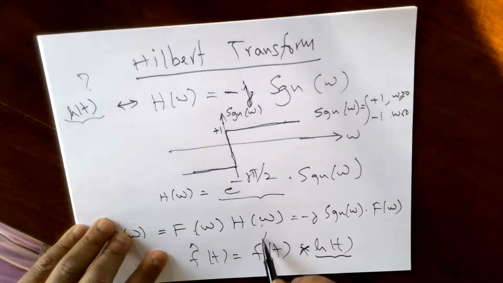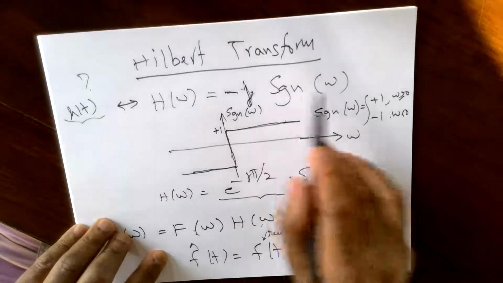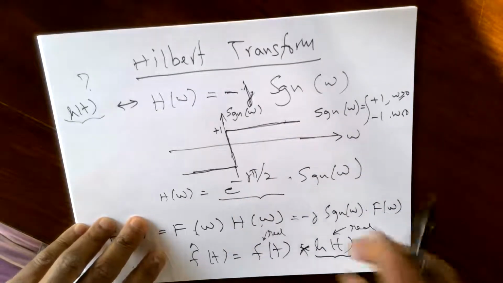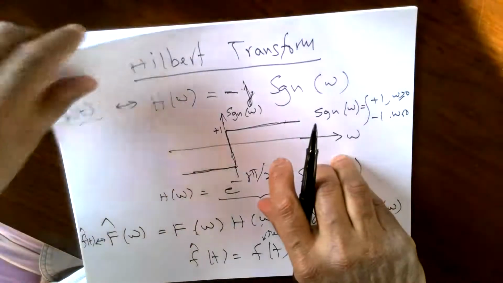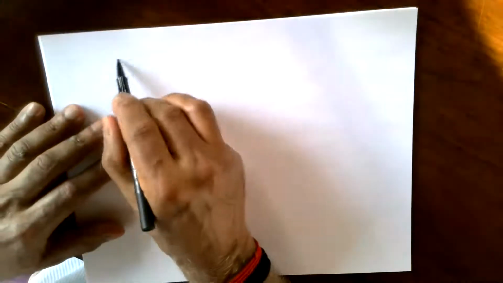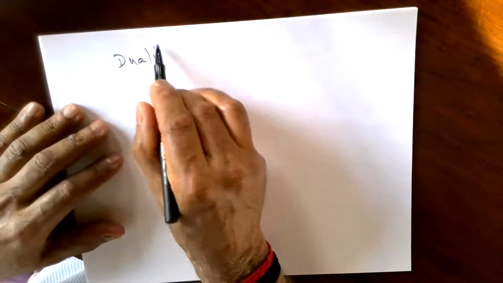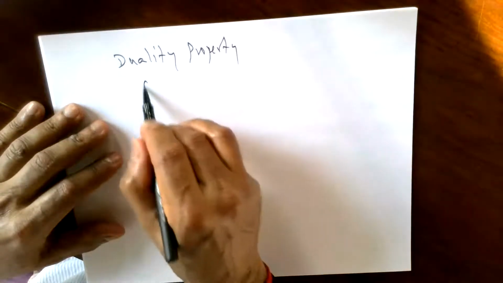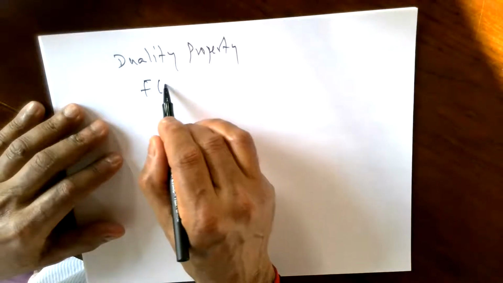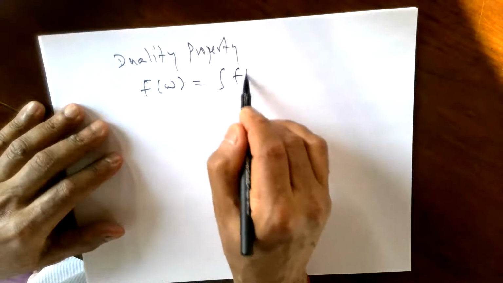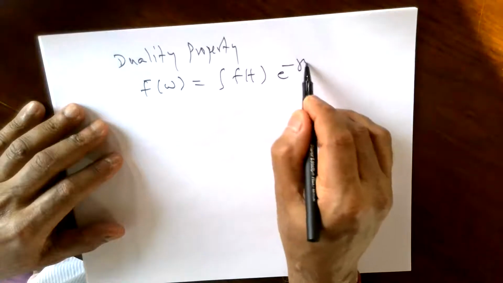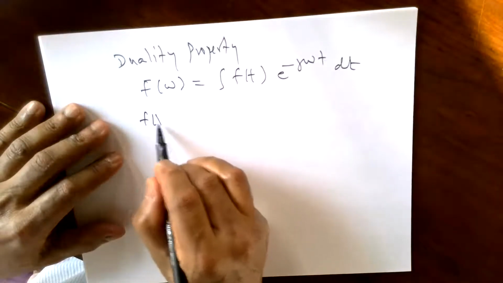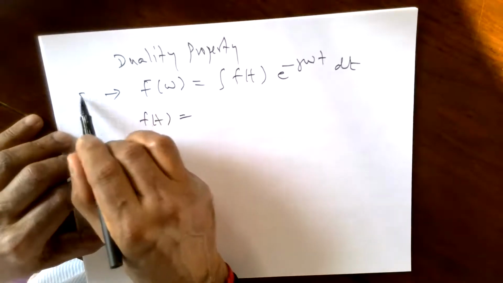Now remember, f(t) is a real signal. The way these things are set up, this will also turn out to be real. So let's see it right away. I need a property called the duality property to do this easily in the Fourier transform. It goes like this: if F omega is the Fourier transform of f(t), then we have this Fourier transform relation.